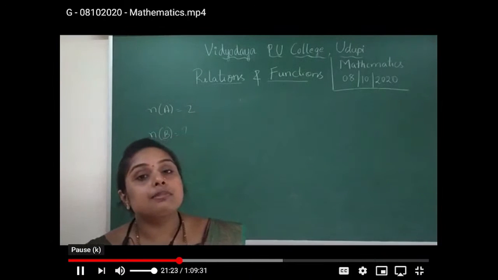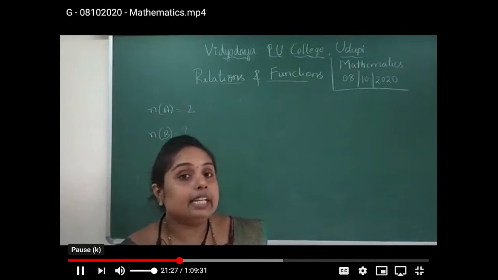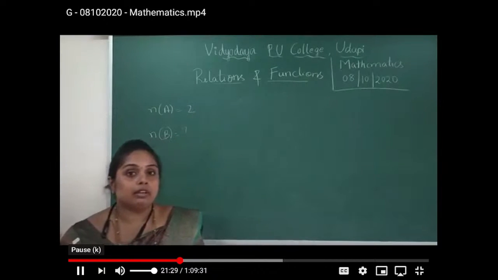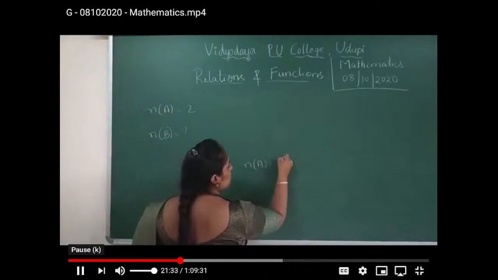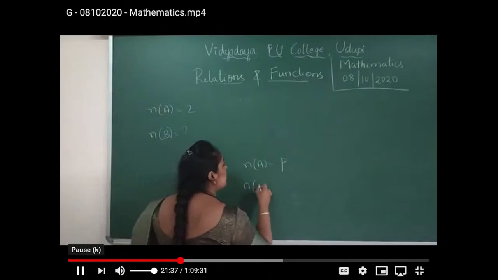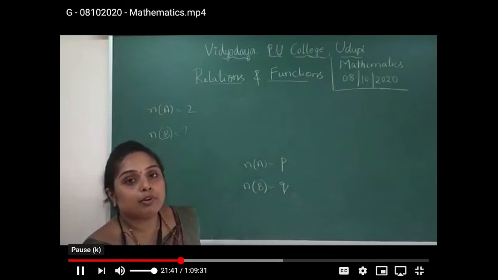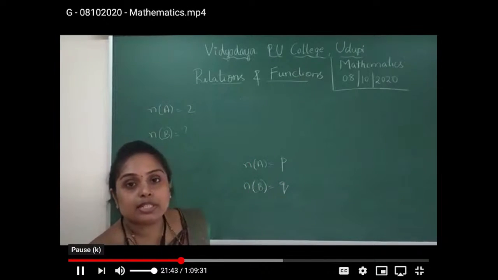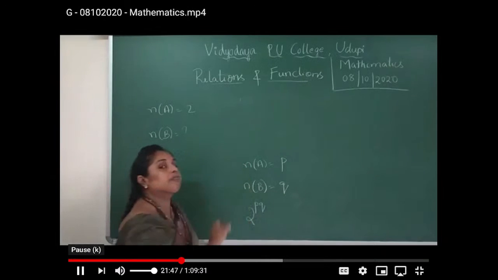Total number of possible relations from set A to set B. While studying relations, you have studied one note there. If the number of elements in set A is P and the number of elements in set B is Q, then the total number of relations from set A to set B will be 2 to the power P into Q.